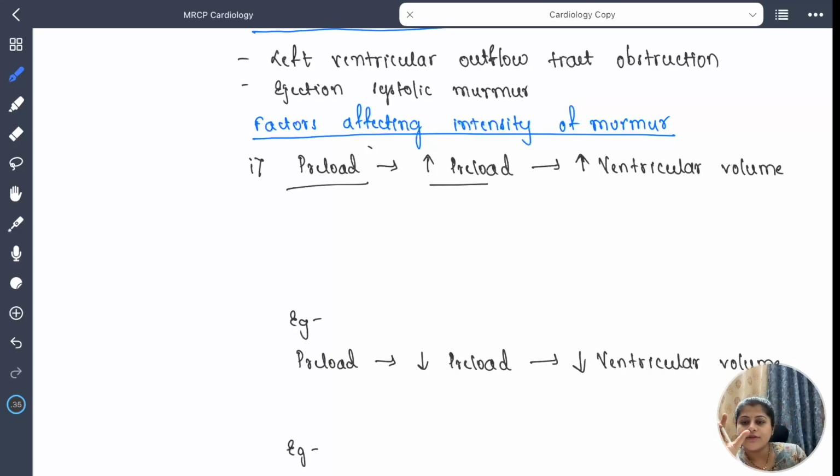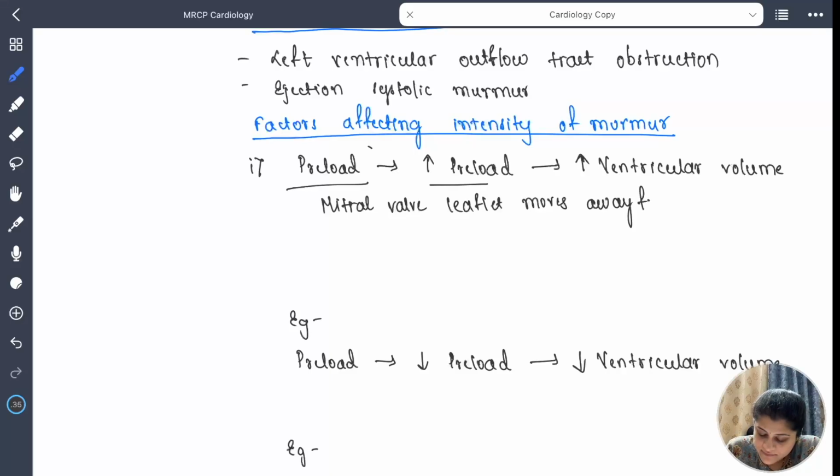Now, when ventricular volume increases, the mitral valve leaflet moves away from the left ventricular outflow tract.